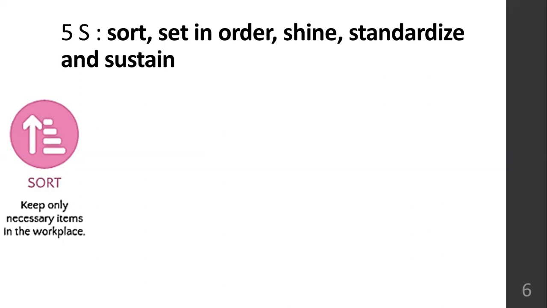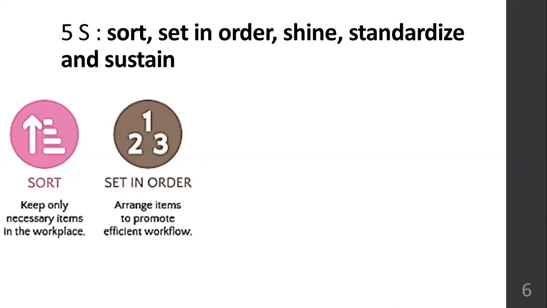Things that cannot be used by anyone else will be thrown into the rubbish. The main thing of Sort is to get rid of the things not used by your department. Wherever it is required, red tag it and get rid of the things that you don't use. So keep only necessary items in the workplace. That is the first pillar.